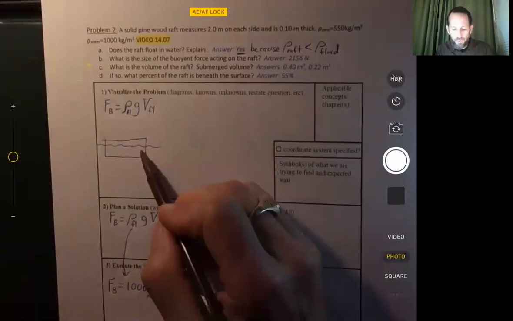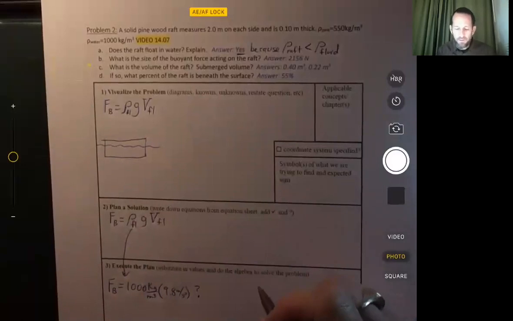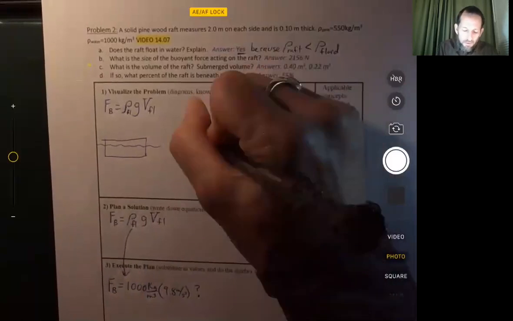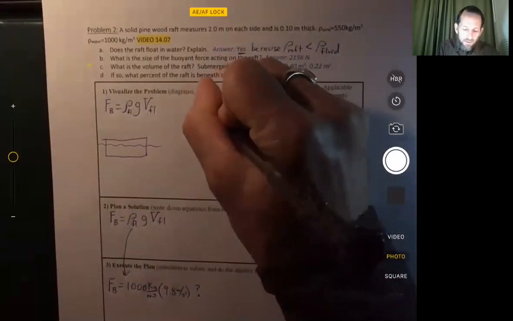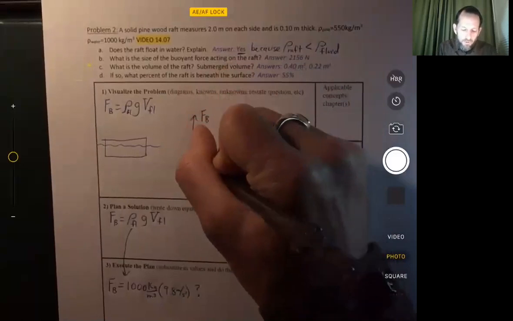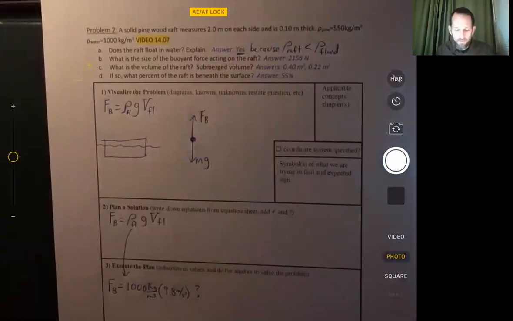Oh, well, we don't know how much of the raft is below the water, so we can't do it that way. Then we go back and think about drawing a free body diagram. We know that there's a buoyant force acting on the raft because it's displacing some water, and we know the raft has weight.